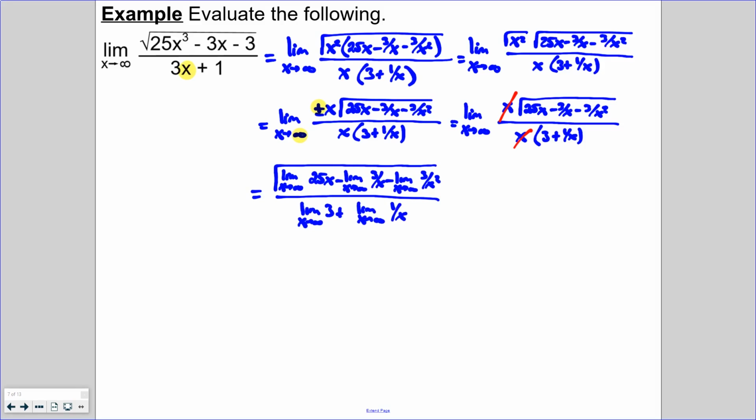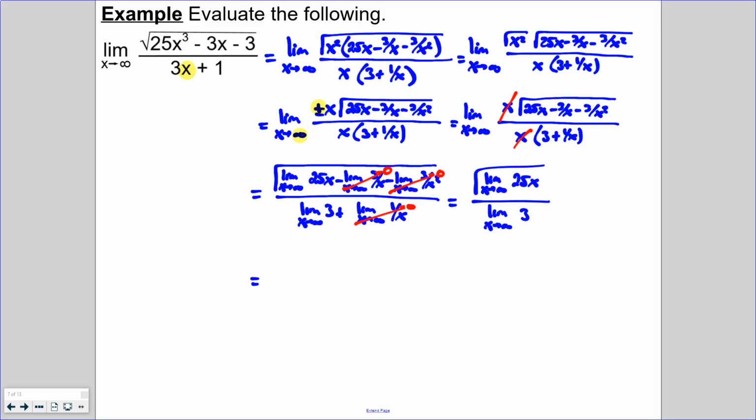Now we know the limit at infinity of a number over a variable is going to be 0, so we can go ahead and eliminate those. And that's going to leave us with the square root of the limit as x approaches infinity of 25x, all over the limit as x approaches infinity of 3.